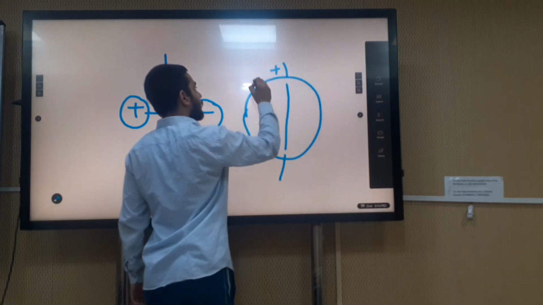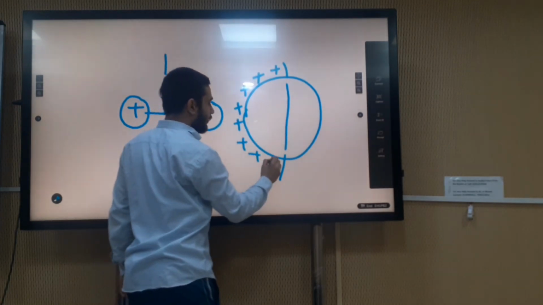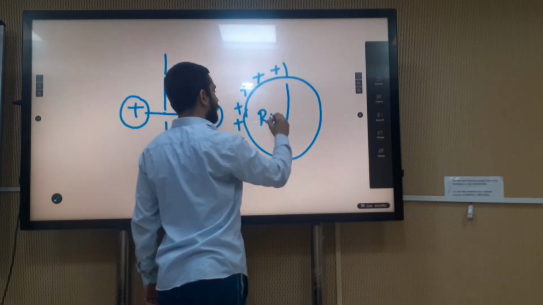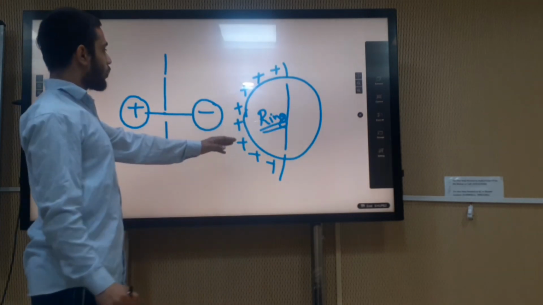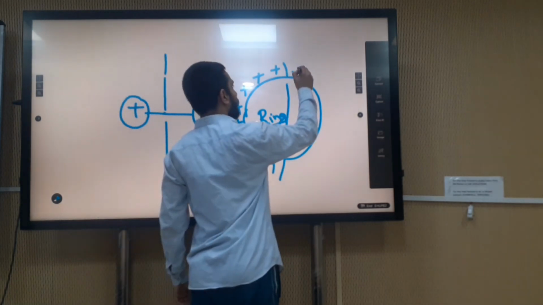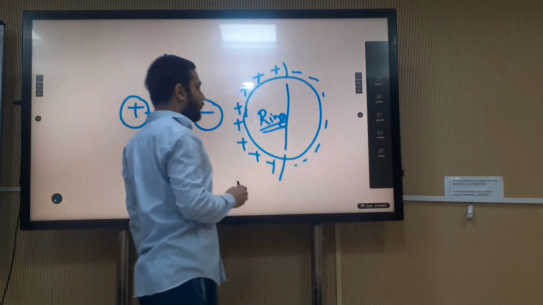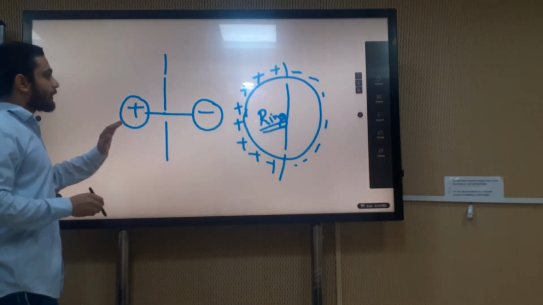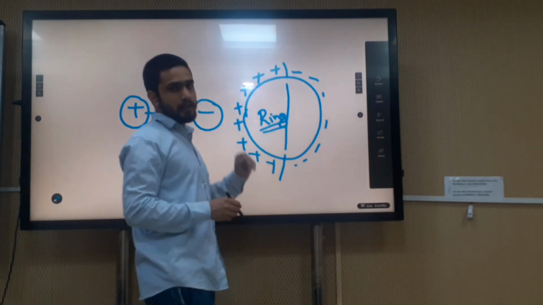This is a ring. This whole left hand side is of positive sign, and this whole right side of the ring is of negative sign. So the concepts we have learned in the electric dipole apply here; this is not an electric dipole, but the geometry is like an electric dipole.